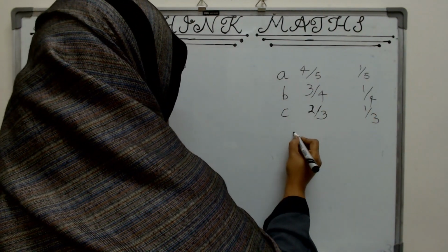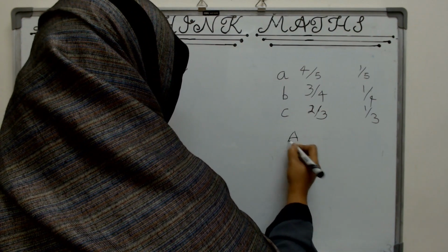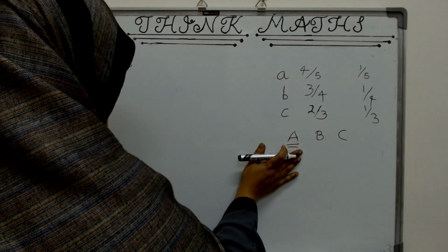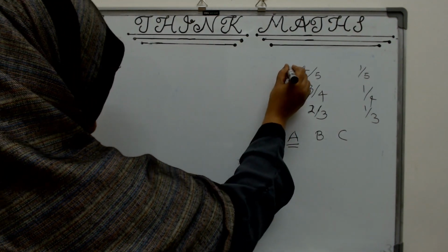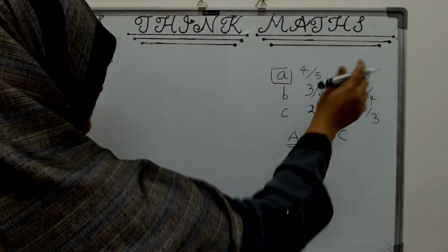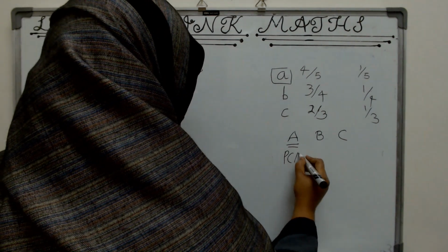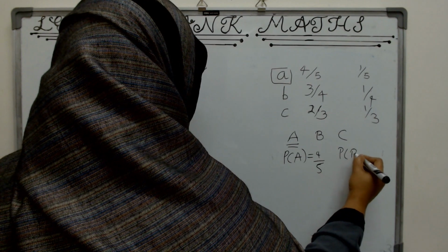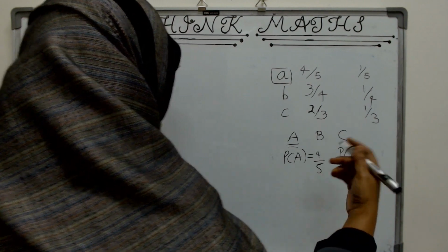So now you have 3 events, A, B and C. A is the event that person A hits the target. So probability of A is 4 by 5, and then probability of A complement. What is A complement?